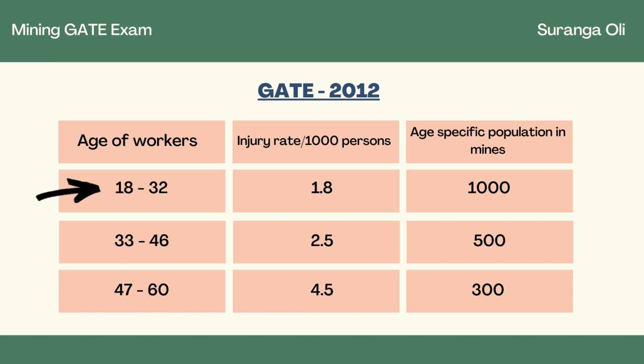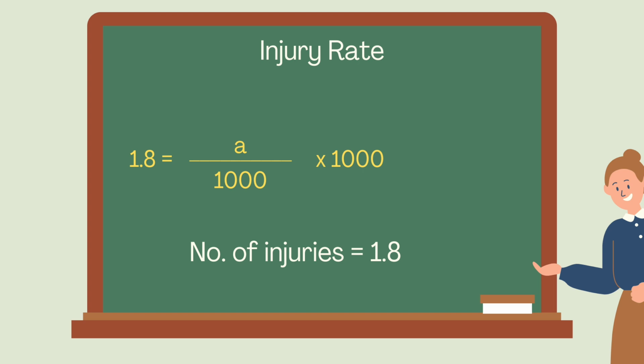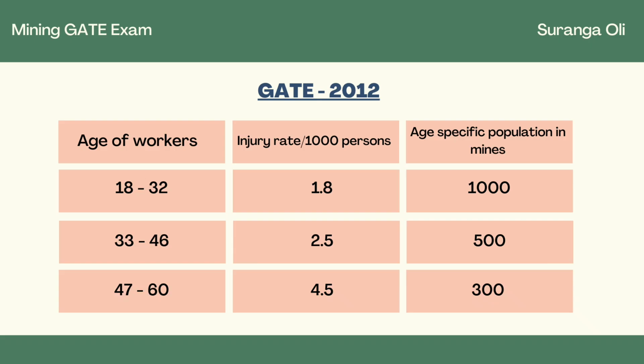In this, they have given the injury rate for every 1000 person as 1.8. So it should go to the left hand side. So 1.8 is equal to the numerator, that is total number of persons injured in that specific age group. Let us take as A. And the denominator will be total number of persons employed in that age group.